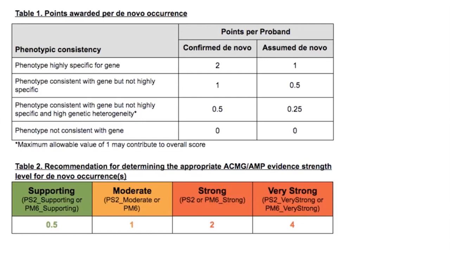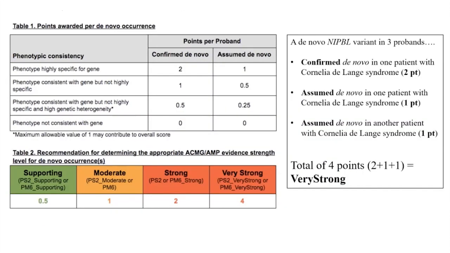So you can go through and gather all the points applicable for all the probands you've seen, and then look at that bottom table to see what the sum is and determine what the applicable strength should be. So I have an example here. Let's say you have a de novo variant in NIPBL, which is associated with Cornelia de Lange syndrome, and you've seen it in 3 probands.